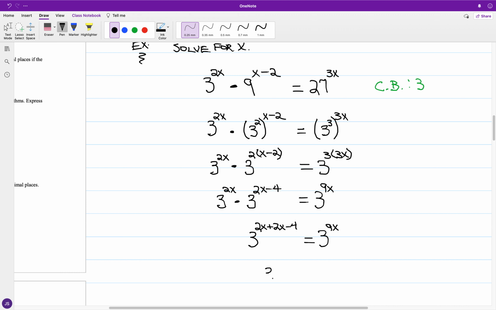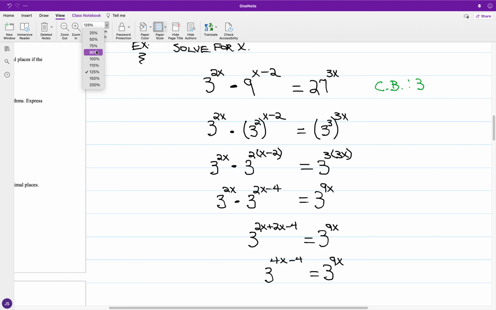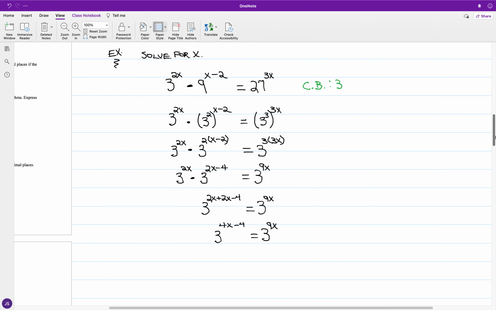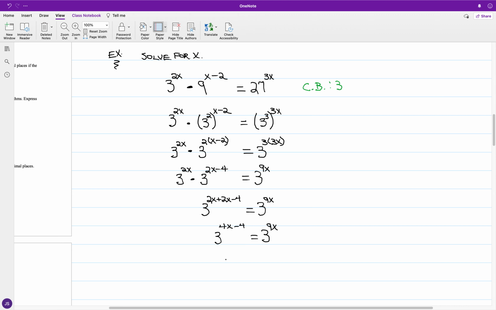And so for what we have on the left, we have 2x plus 2x is 4x minus 4. Again, we have equal to 3 to the 9x. And so we have single base 3 terms now, and we can set the powers equal to each other. So we have 4x minus 4 is equal to 9x.